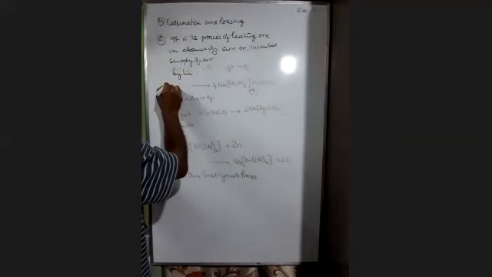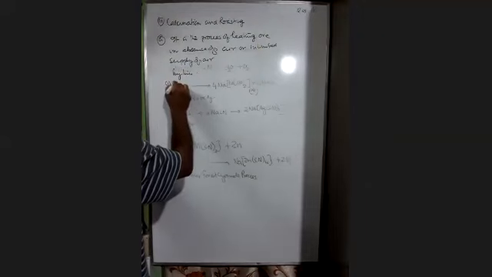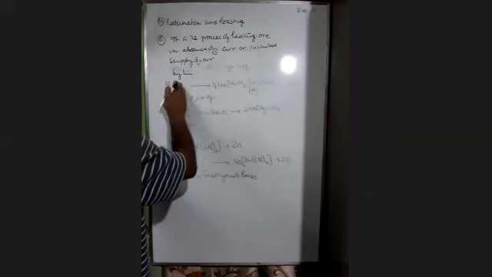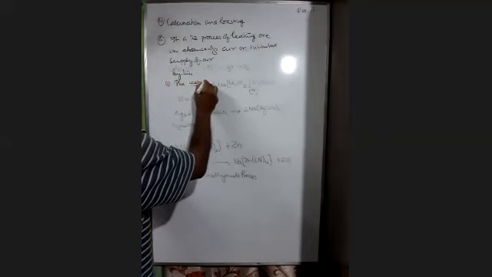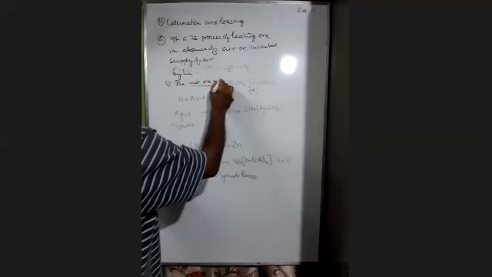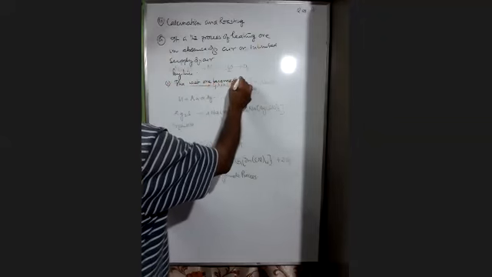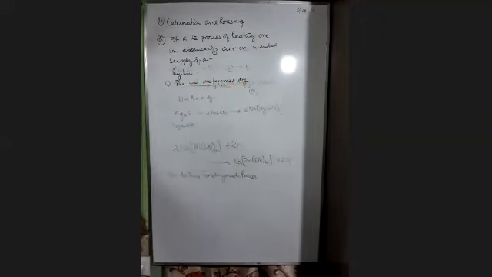So by this process, what do you get? One, the wet ore becomes dry. The water goes out and heating is done below its melting point.